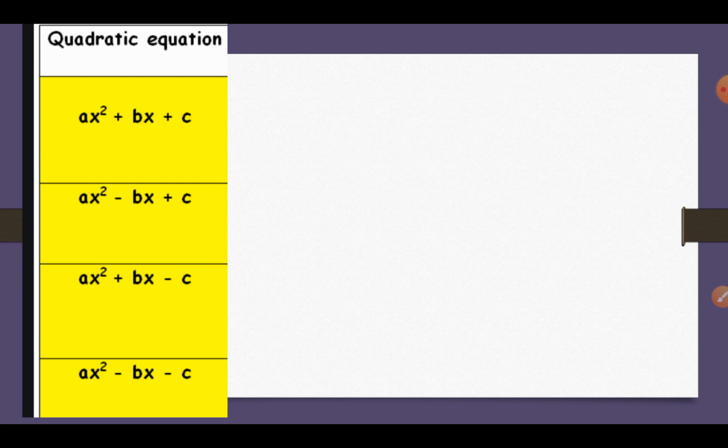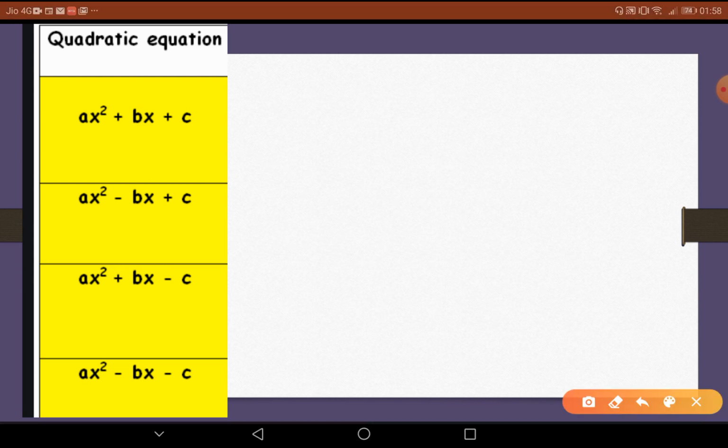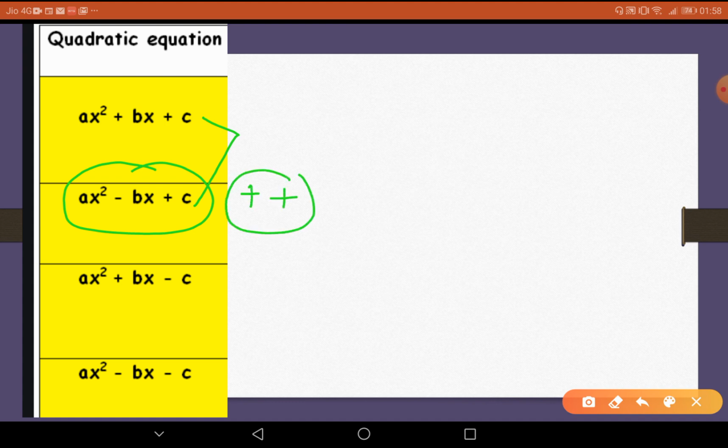Moving further, now I will show you 2 tricks. The first trick is for this type of equation. In the last slide we saw that whenever we get minus plus signs, the solution signs are always plus plus, and when the signs in the question are plus plus, then the answer will always be minus minus.